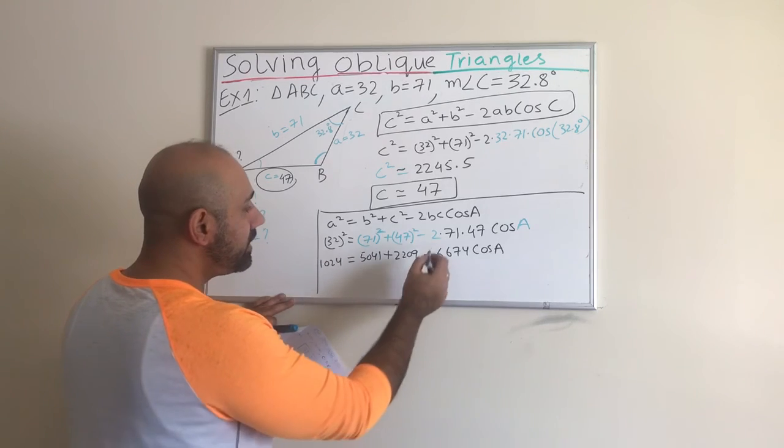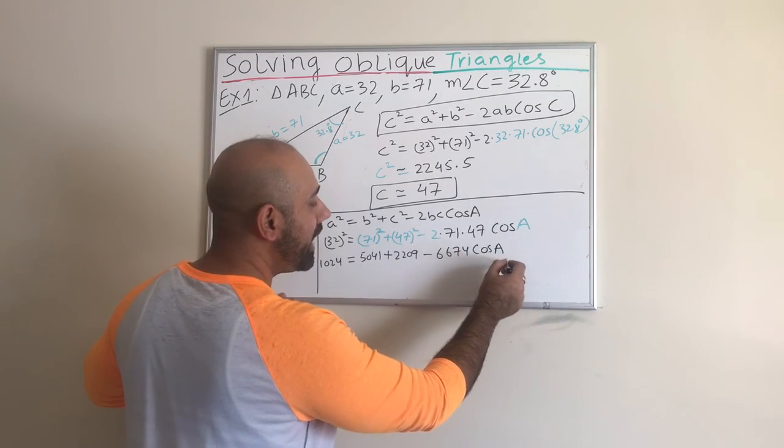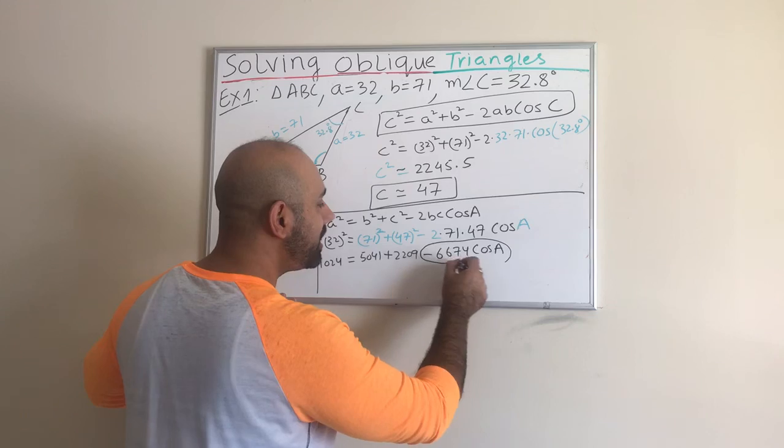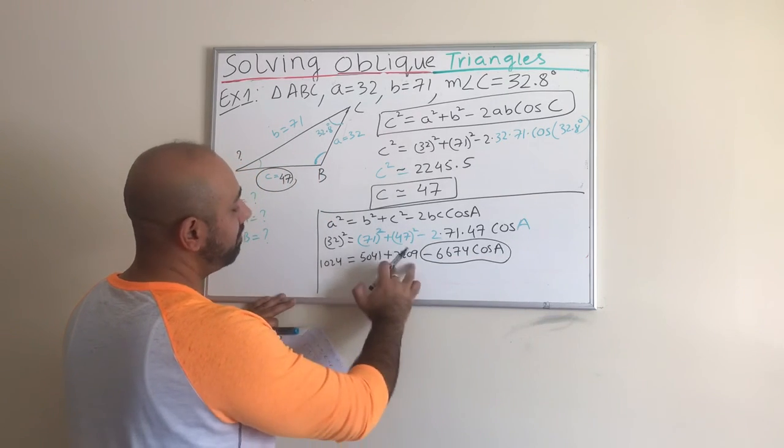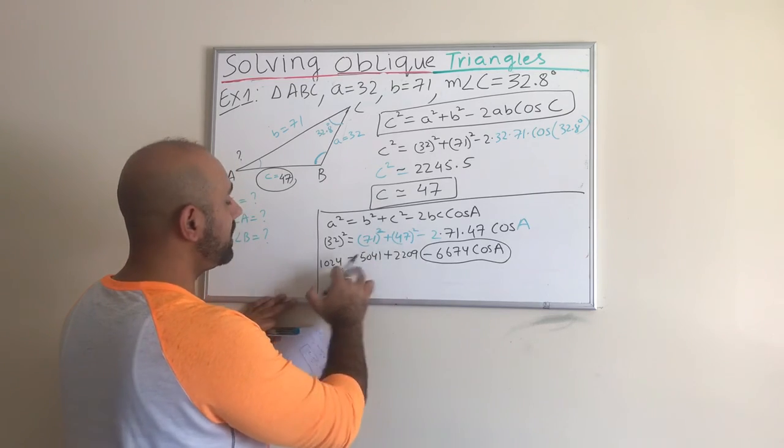Since we want to get cosine A by itself, we have to isolate this whole term. Isolating this whole term means you first have to subtract these two numbers from both sides.